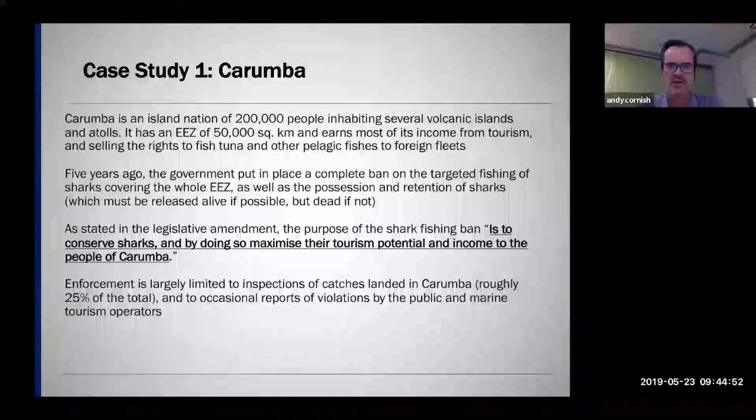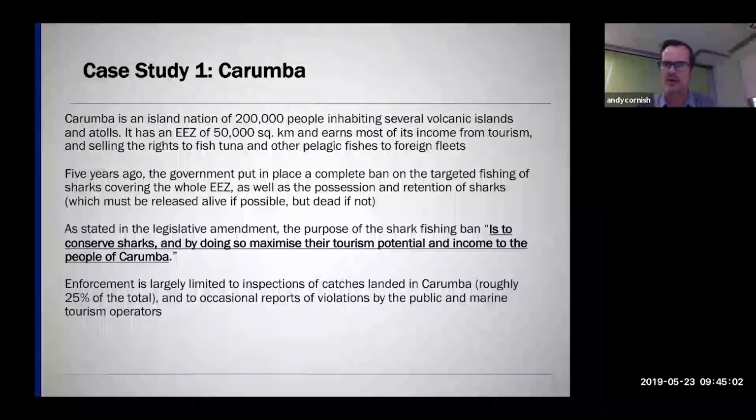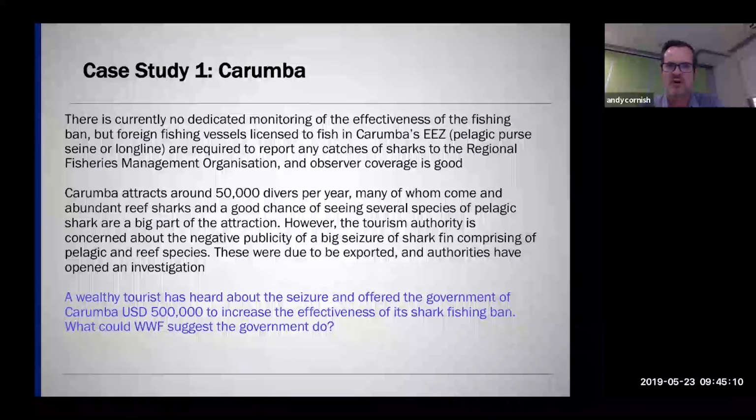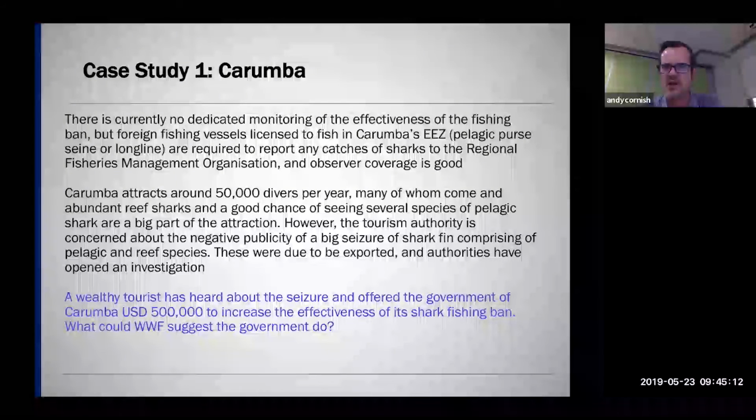They're not monitoring, and the enforcement is mostly limited to inspections of catches. So they don't have a lot of patrol boats out exploring the EEZ. No dedicated monitoring at the moment, but the foreign fishing vessels are required to report any captured sharks to the RFMO.